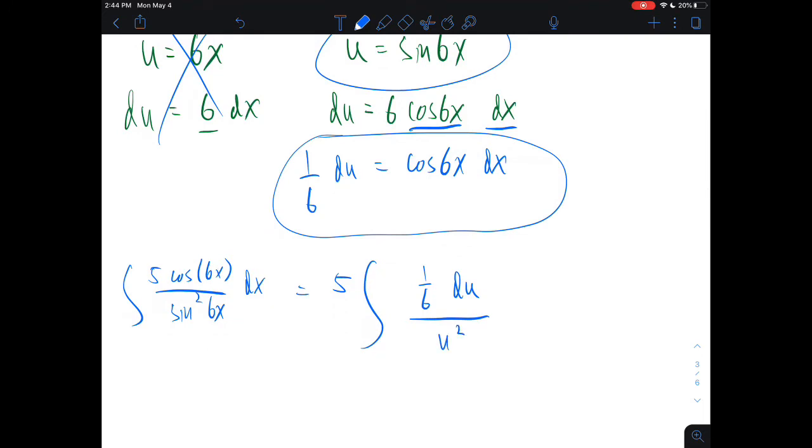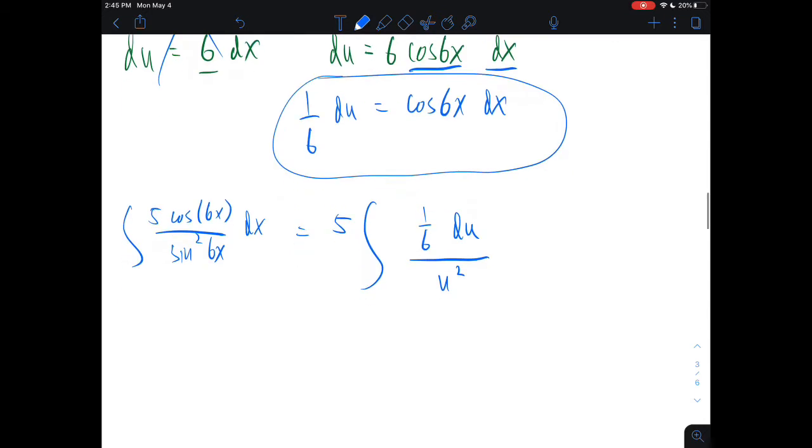You also want to be really comfortable with fractions at this point, because you're going to see a lot of them. The 1/6 that is in the numerator of this fraction that's in the integral, remember that's just the same thing as 1/6 times the fraction du over u squared. I can also just factor that 1/6 out. And I'd have 5 times 1/6, which is just 5/6.